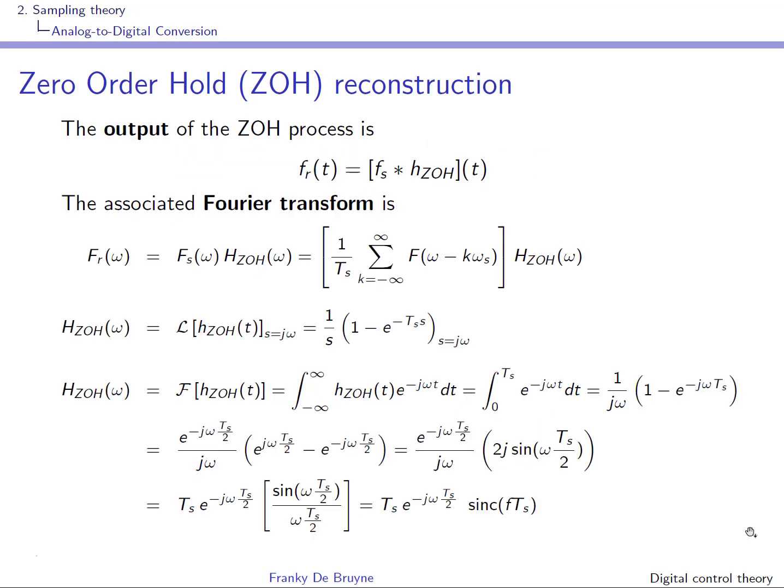So let us look at this zero order hold reconstruction more in detail. Remember that the reconstructed output is the convolution of the sampled signal with the impulse response of the ZOH process, and remember that this impulse response looks like this.